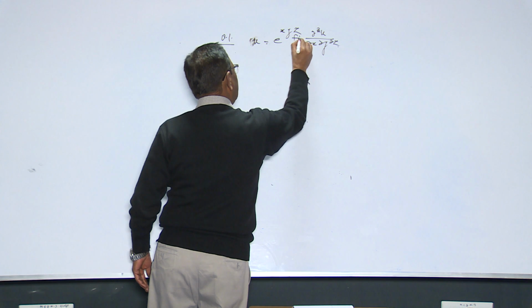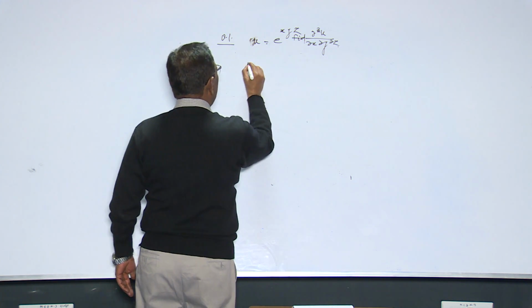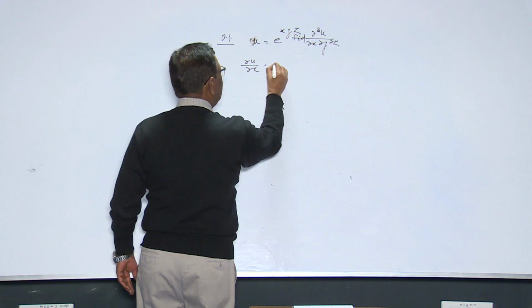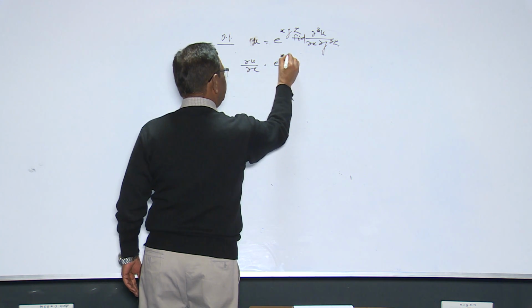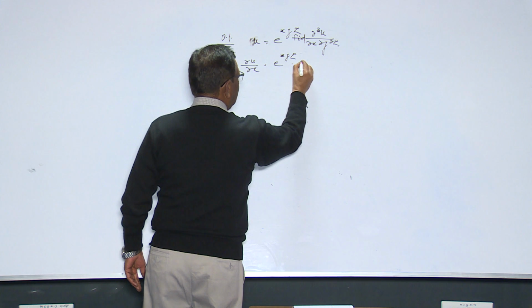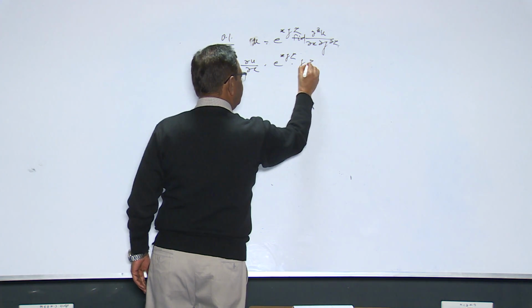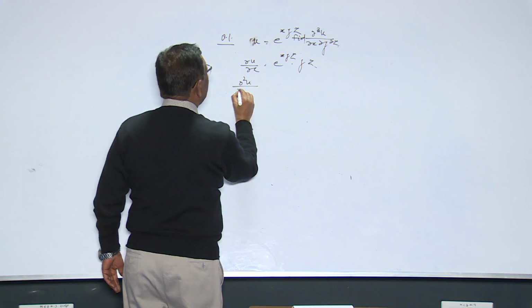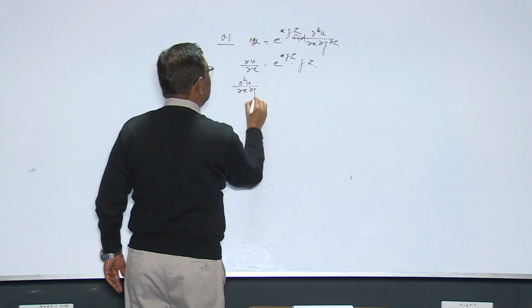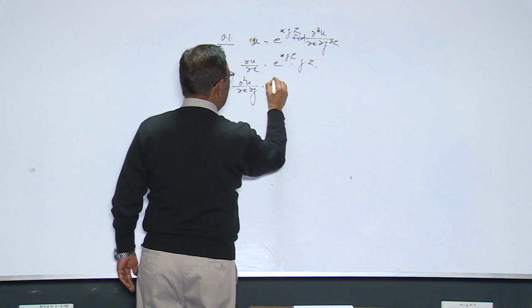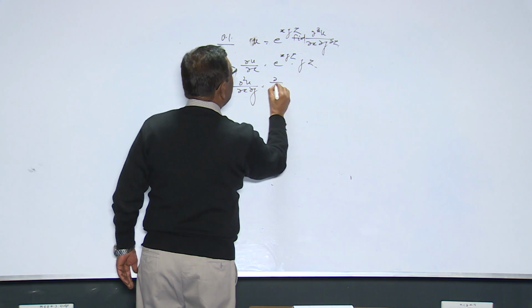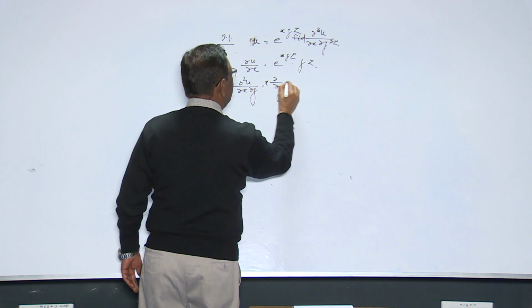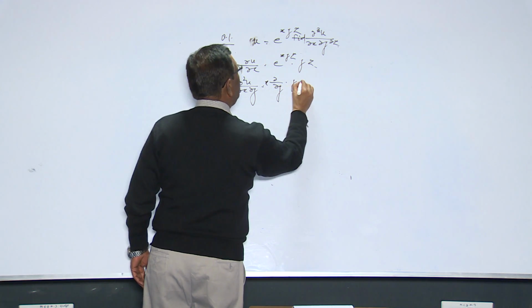Find ∂u/∂x, that is e^(xyz) into yz. ∂²u/∂x∂y is equal to ∂/∂y of (y e^(xyz)), with x outside.